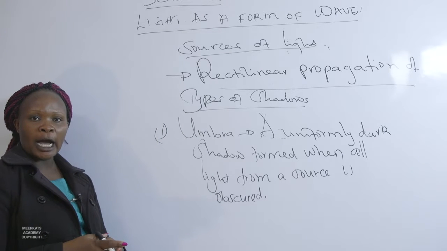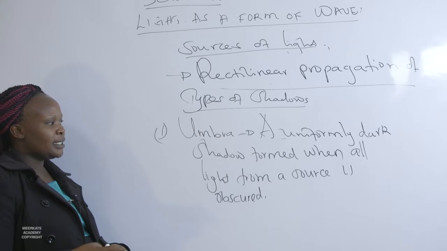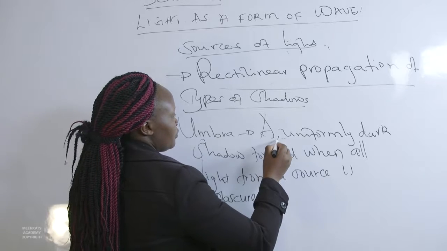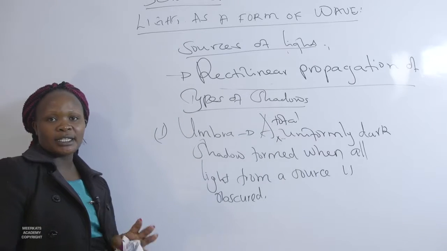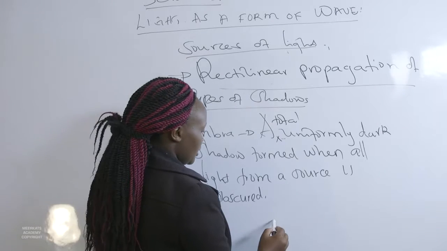It's actually a totally uniform dark shadow. Let us add: total uniformly dark shadow, and it will be formed when all light is obscured.